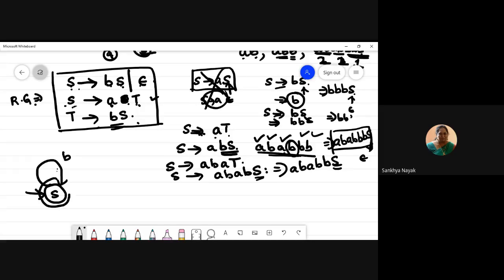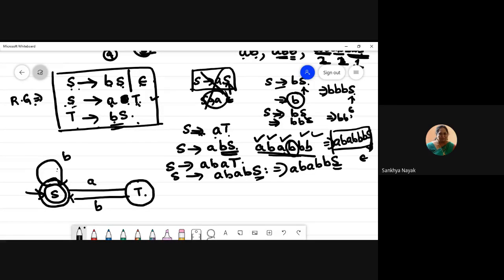That means without consuming anything also it should be accepted. So S will be made as the final state, correct? S on A will go to T. On A, it will go to T. And T on B will come to S.